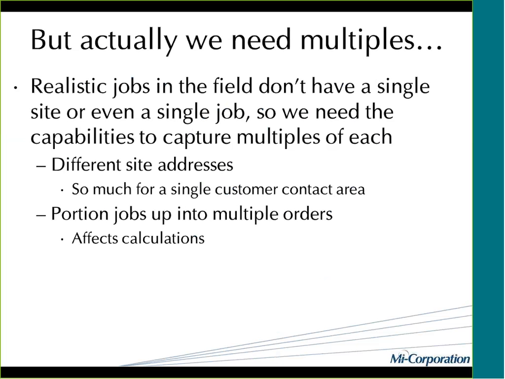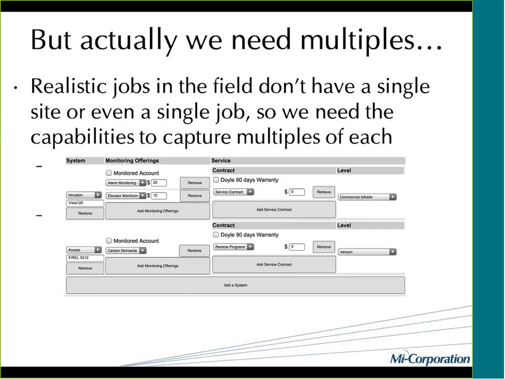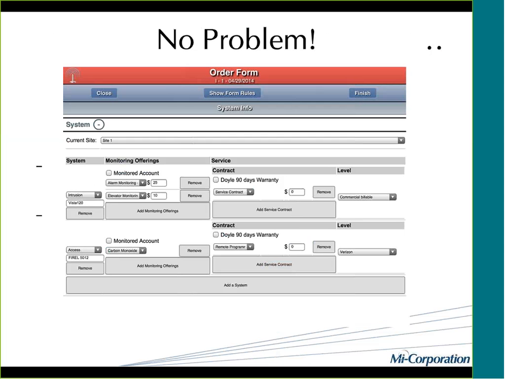Portions of jobs are actually in multiple orders. So we might say that we're performing this install at this site at a given time, but that's separate from something else. So now we start bringing that into the form context, and you see now we're creating quite a bit of customization into what would otherwise normally be a standard-looking form.